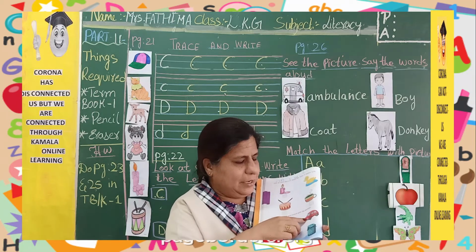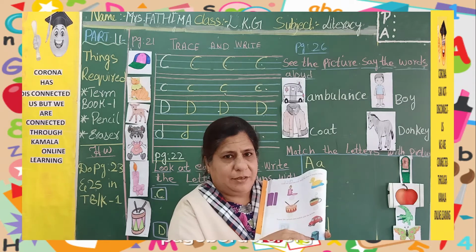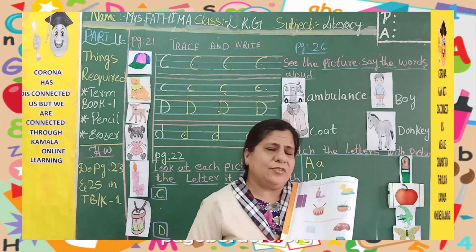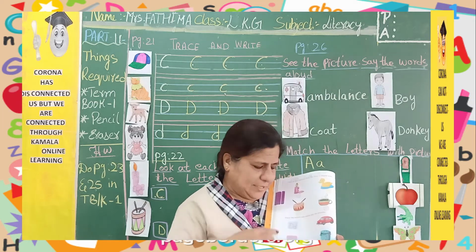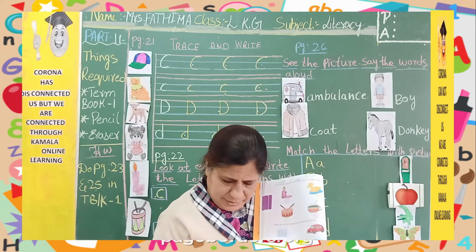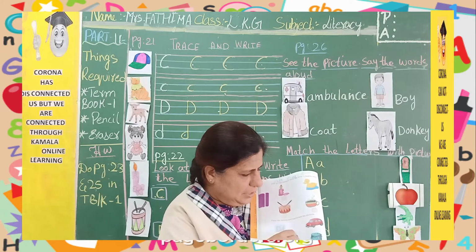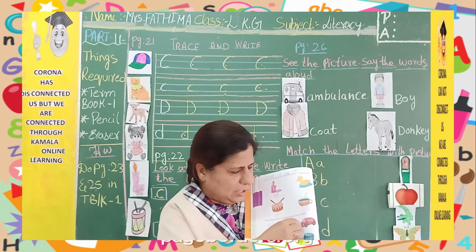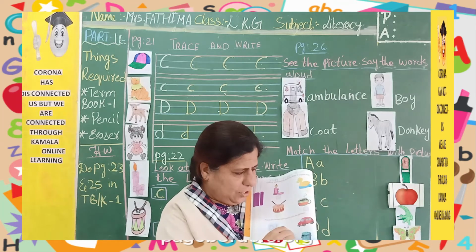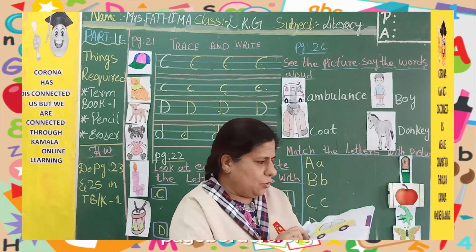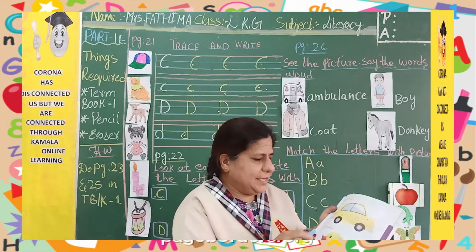Car, dustbin. Two pictures are given, two letters are given. Which letter will go to which picture? See, first one is D. D for dustbin. Draw the line, match it. C for car. Finished. Okay, children?